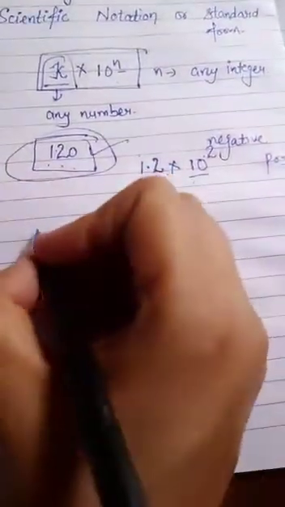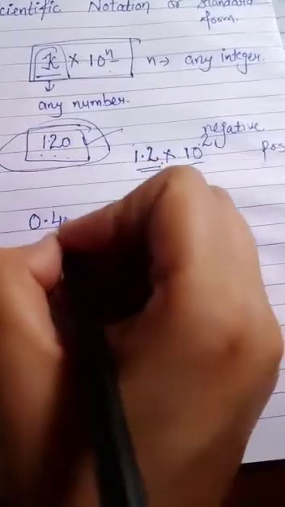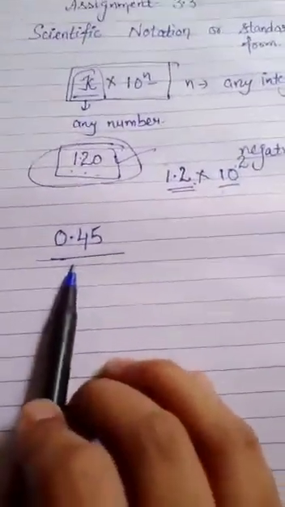See, if we take the number 0.45, it is a number which is less than 1.